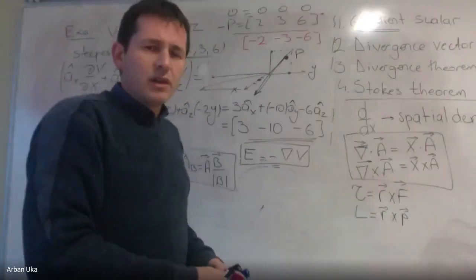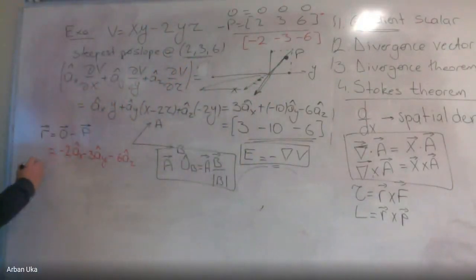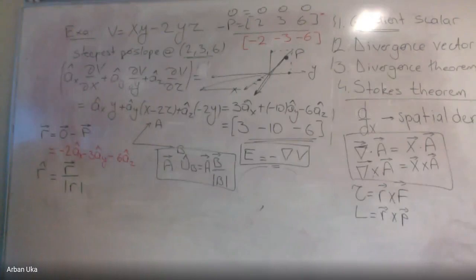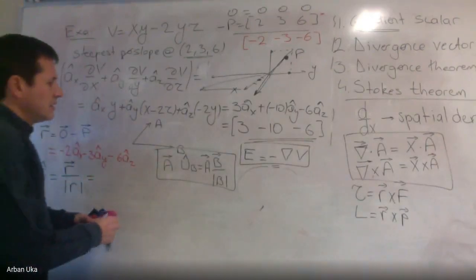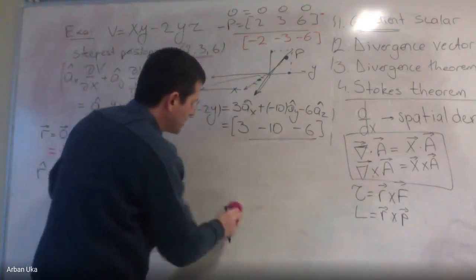Given this R, we need to find the unit vector along the R, which is going to be equal to the vector r divided by the magnitude of r.